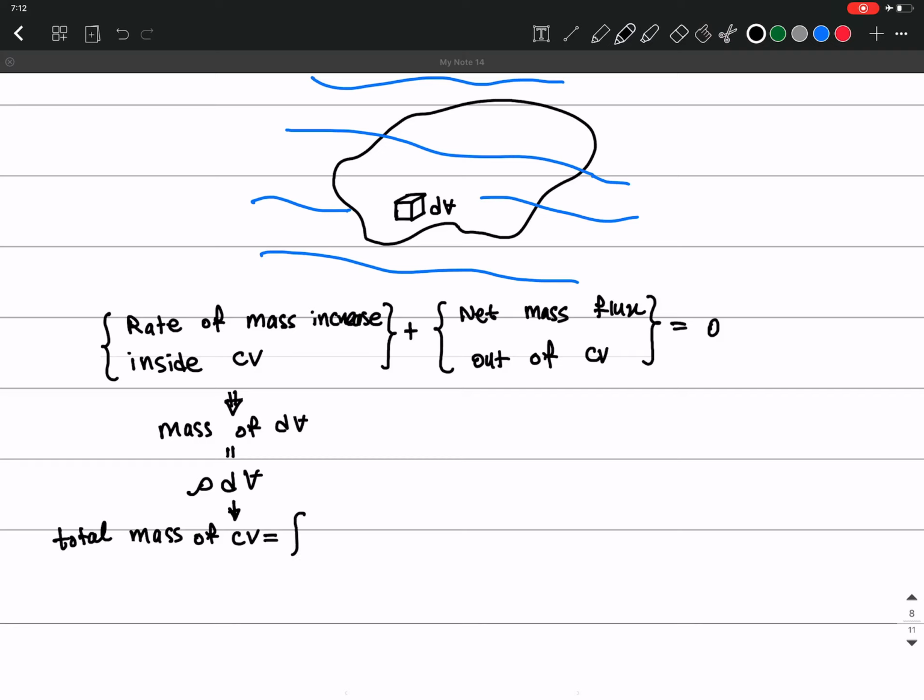So it's going to be the integral over the CV of rho dV.